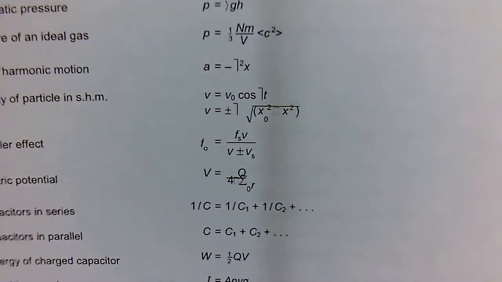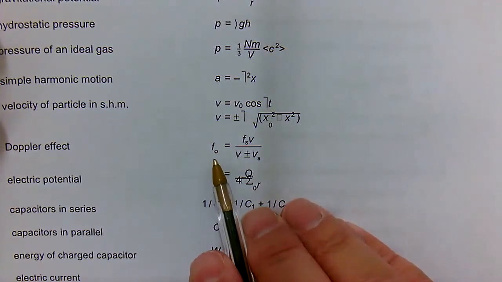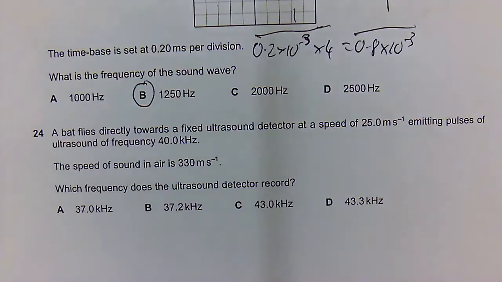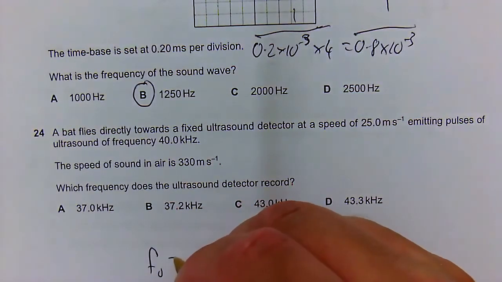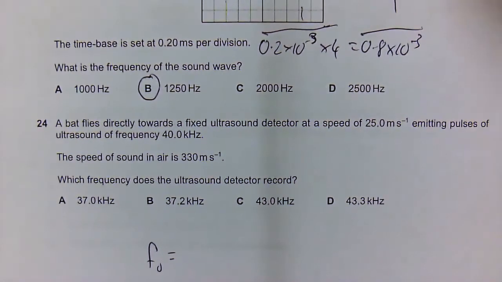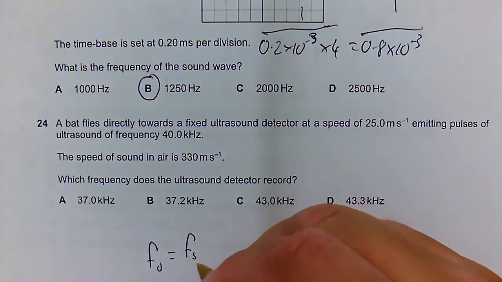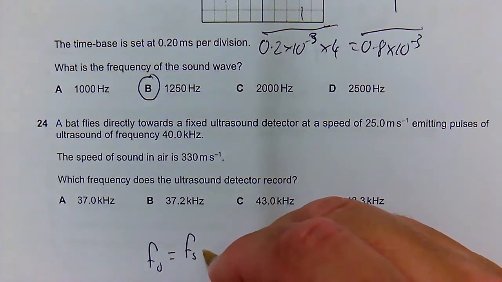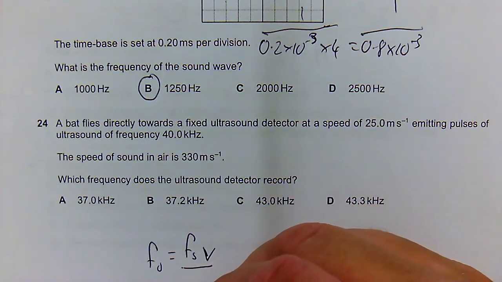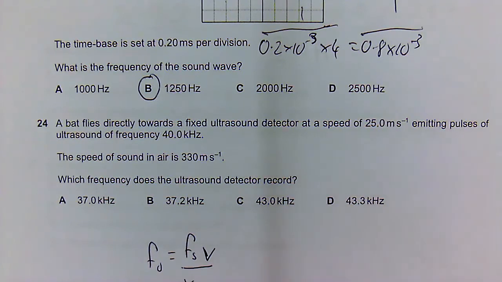So our Doppler formula is this one here. The frequency observed is equal to Fs times v over v, and now it's going to be plus or minus.